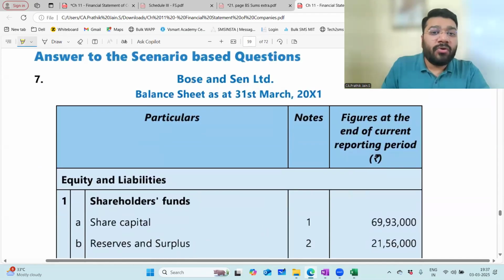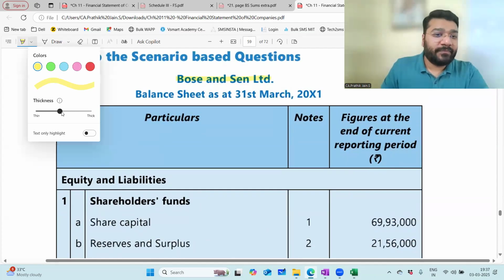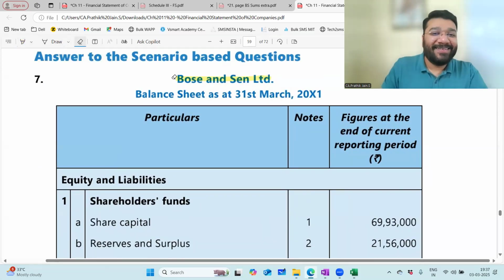Please write the heading Bose and Sen Limited, then balance sheet as at 31st March 2001.